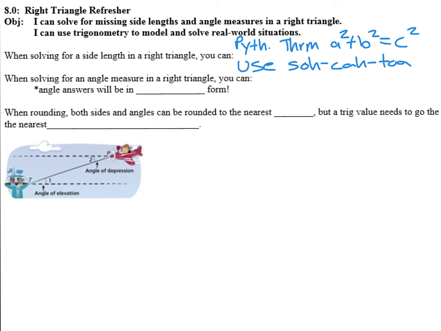If you're looking for an angle, you can use the fact that the 3 angles in a triangle have to add up to 180. You have to know 2 of the 3, and you can use it to get the third.